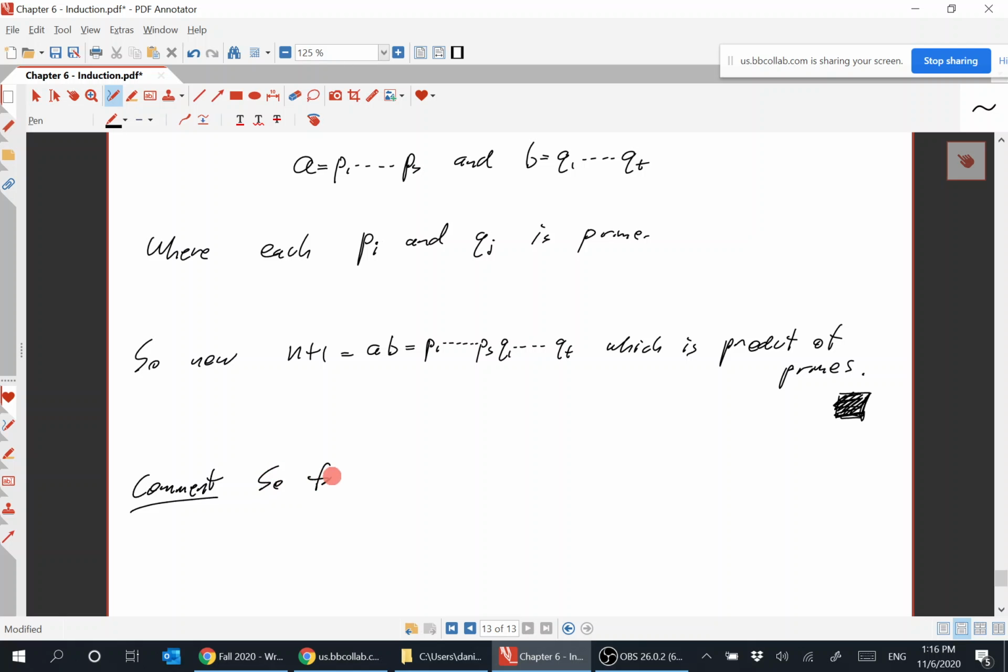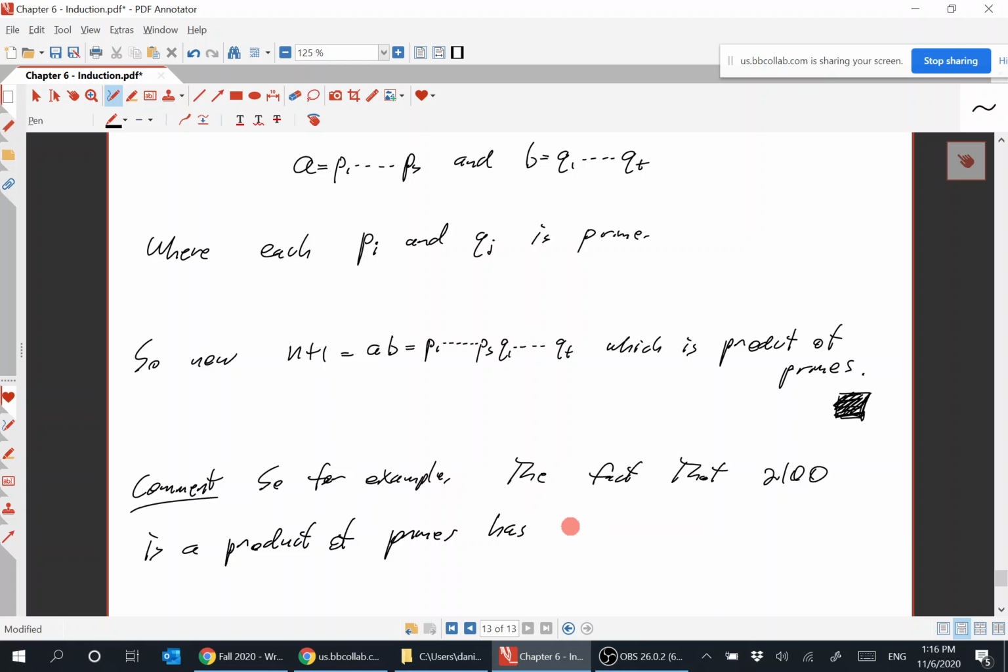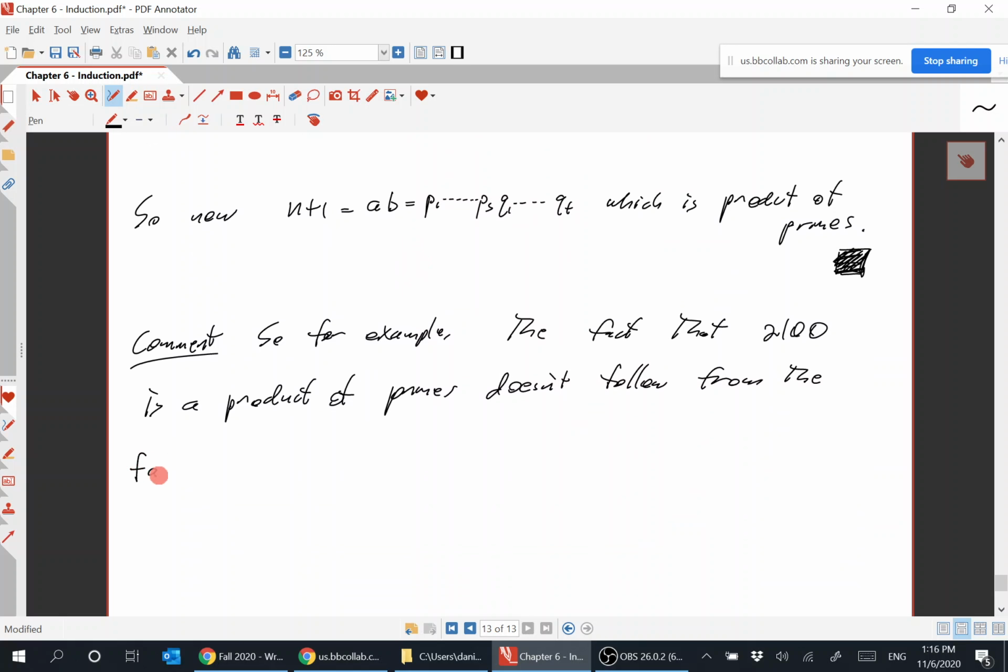So for example, the fact that some big number, 2100, is a product of primes does not follow from the fact that 2099 is a product of primes.